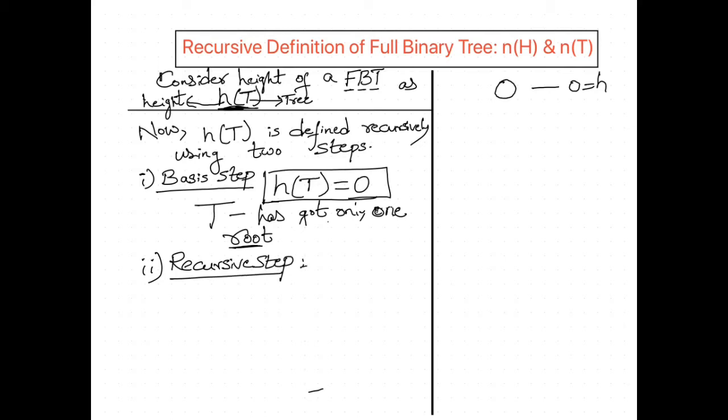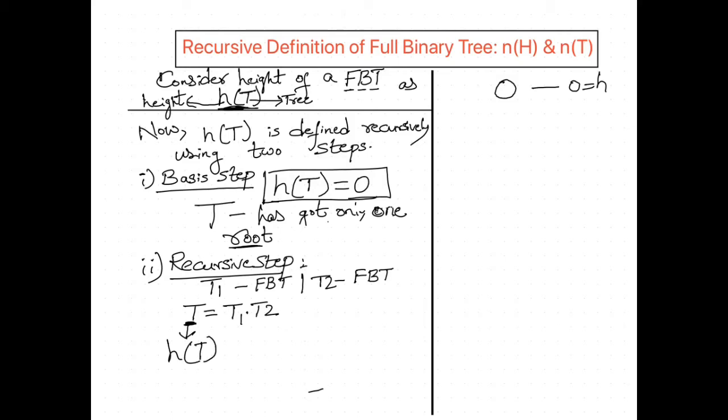In the recursive step, I am taking T1 as one full binary tree, and T2 as another full binary tree. Now I am combining T1 and T2 to form another full binary tree. That tree is T. Now what is the height of this particular tree?